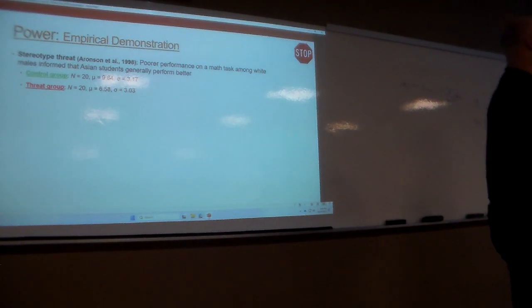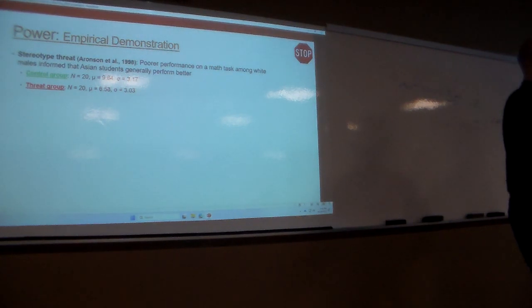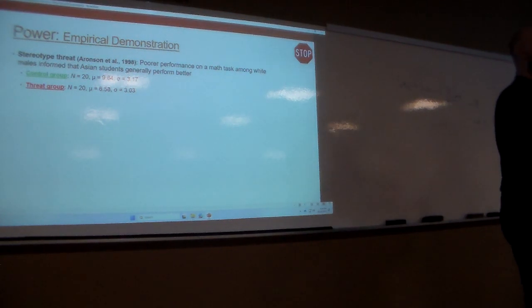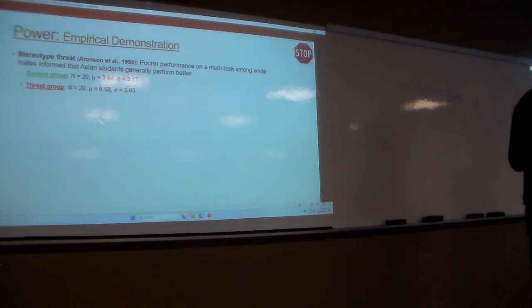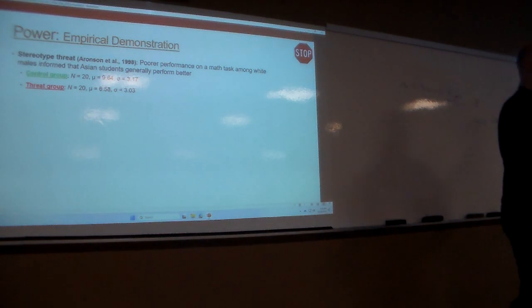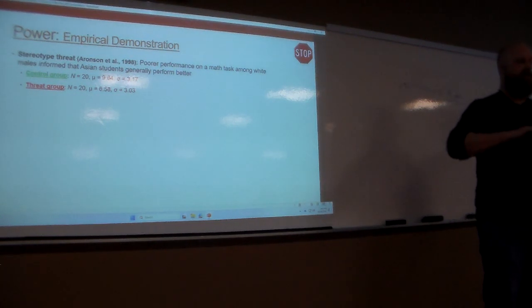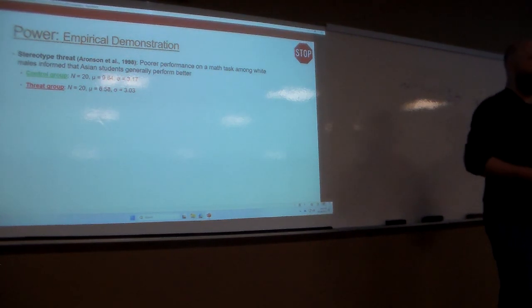And so the idea is that it's priming, and what we would expect is low performance on this test because this stereotype has been made active, okay? So we go through and we do it. Let's say we have 20 people in the control group, 20 people in the threat group, and the mean performance for the control group is 9.6, my threat group is 6.6, and my standard deviation, okay? So people understand the setup for the experiment, what they've got going on.